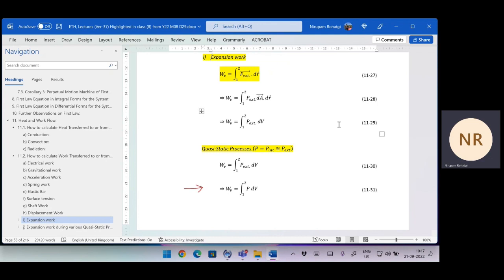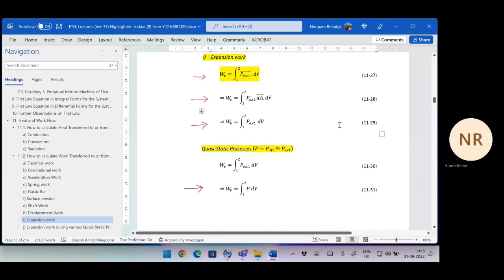Then we have to take the formula: external force dot product with dr, integrate it, and you will get the work done. In the case of volume, it can be written as P external into area into displacement, or you can write P external into dV and integrate it.